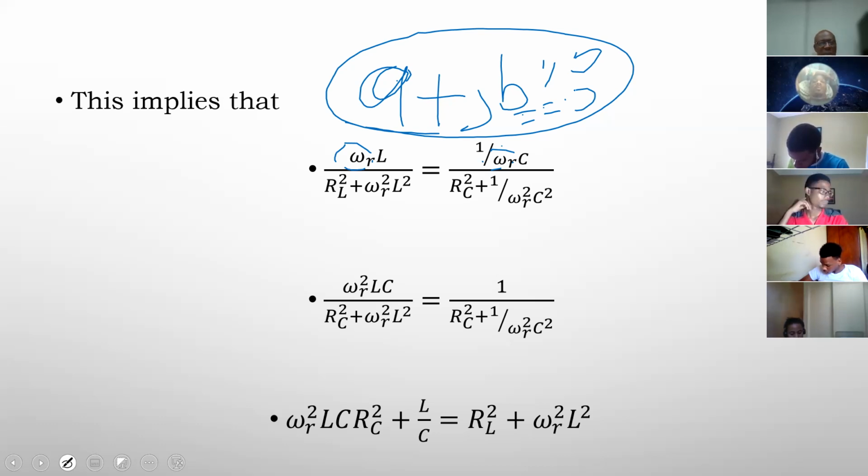So cross multiplying and simplifying, bringing all the omega r terms together, because remember omega r is what we want.